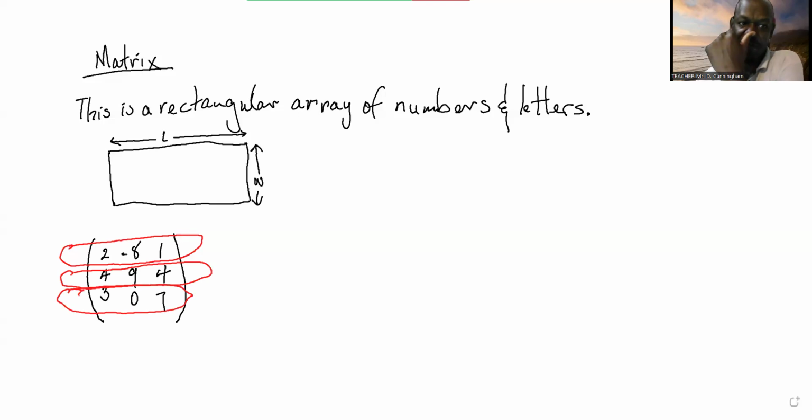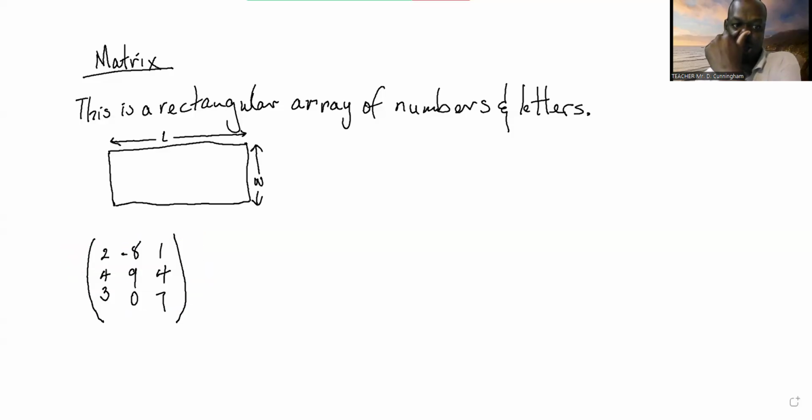All right. So it's visual. So you can actually see you have 3 rows, and in this case, you also have 3 columns. All right. So this is called the order of the matrix. So let's write that.